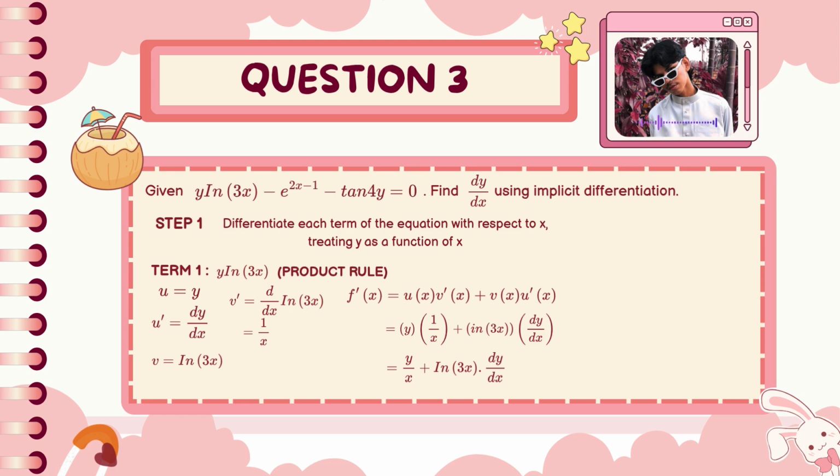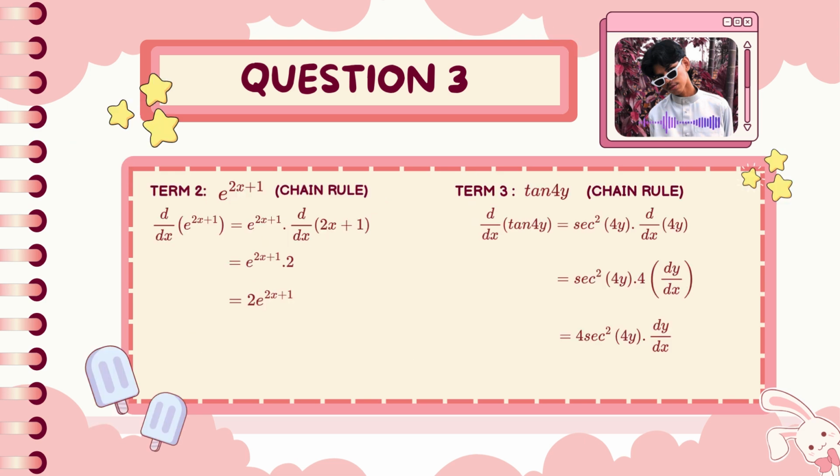Next, we differentiate the second term, which is e power of 2x plus 1. This requires the chain rule. The derivative of e power of u is e power of u multiplied with du over dx. So here we get e power of 2x plus 1 multiplied with 2 equal to 2e power of 2x plus 1.